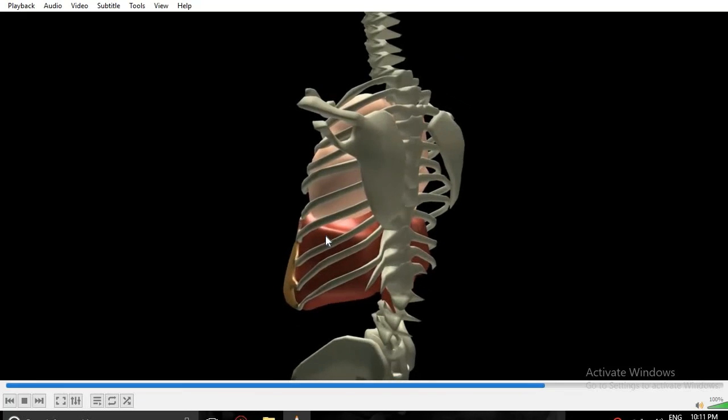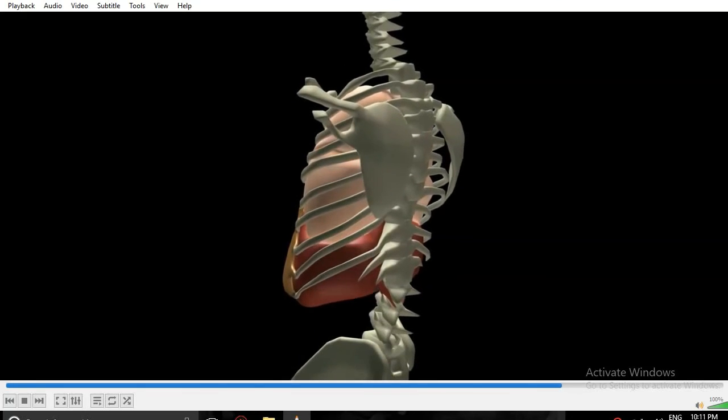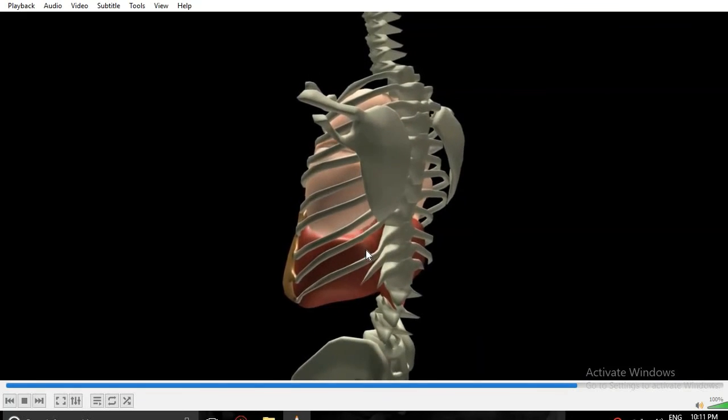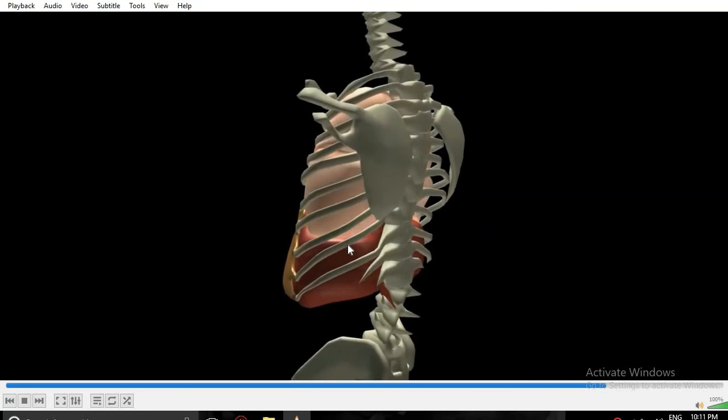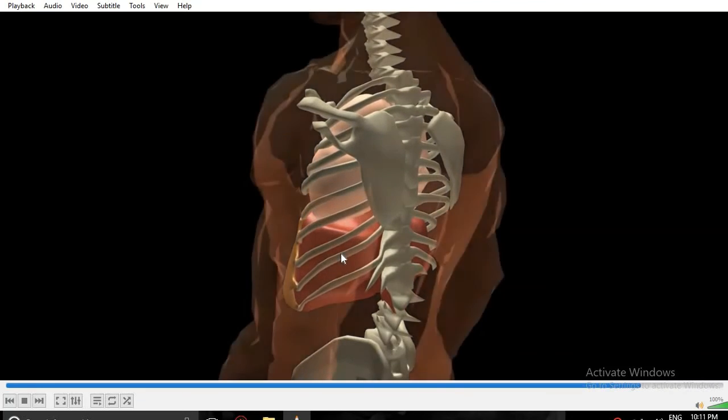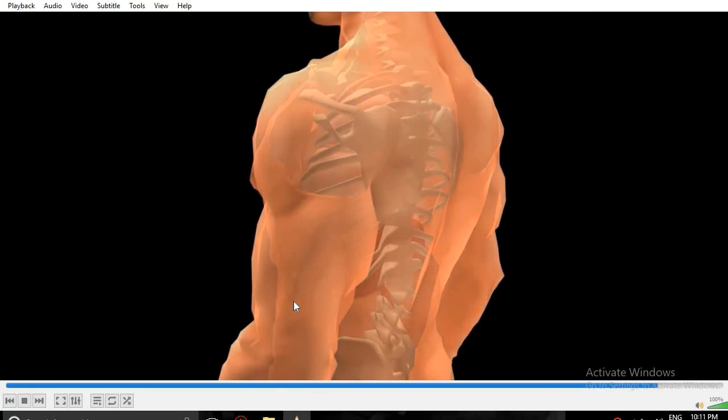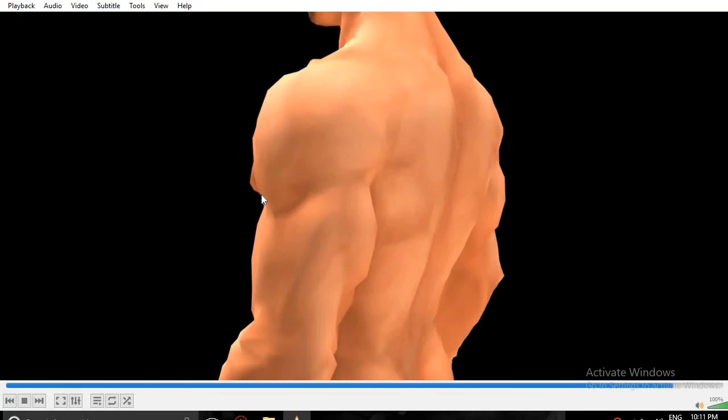See, so it's very important and very interesting. From this we can understand how the diaphragm moves. So that's it. I hope you understood that.